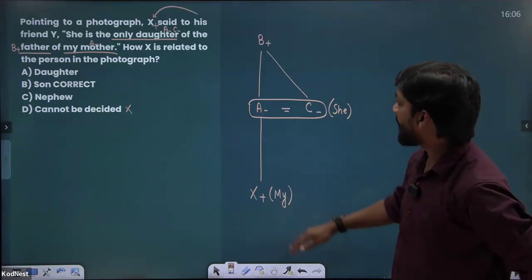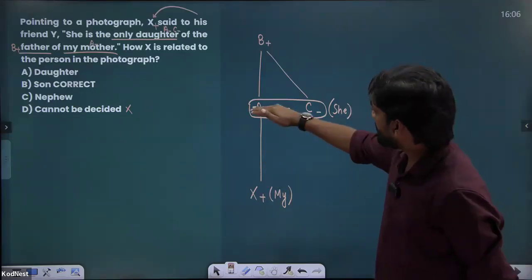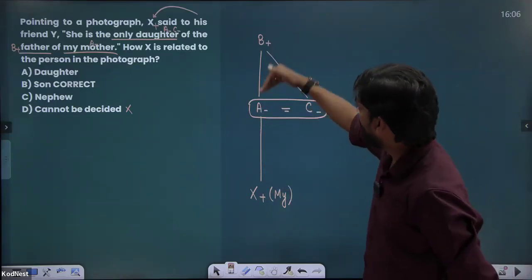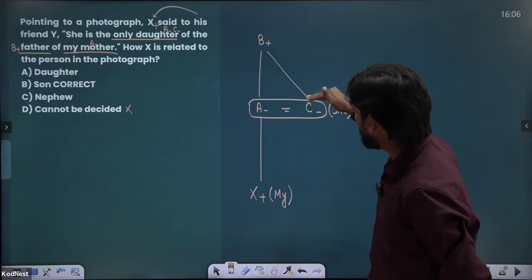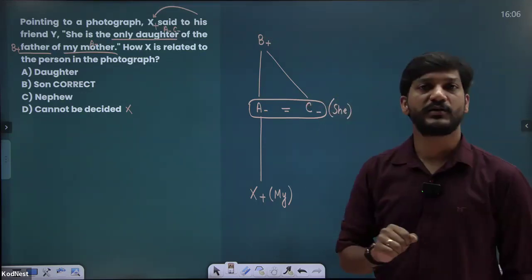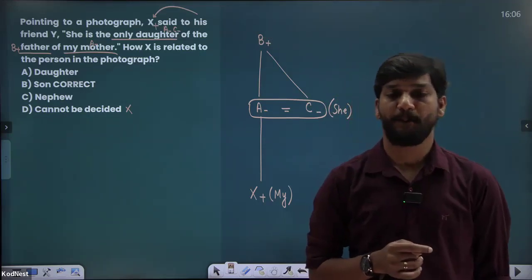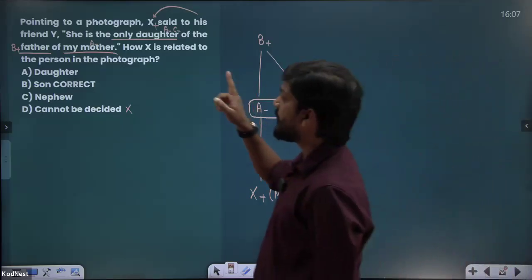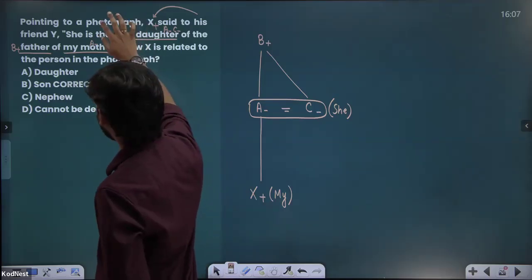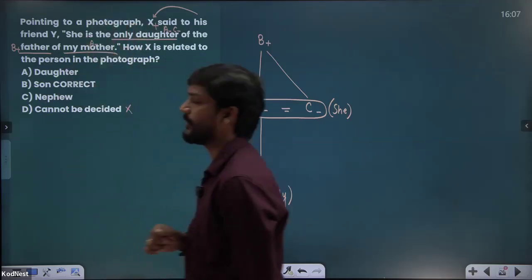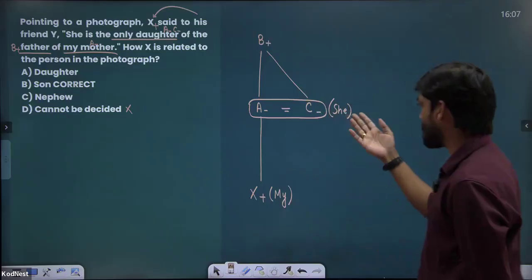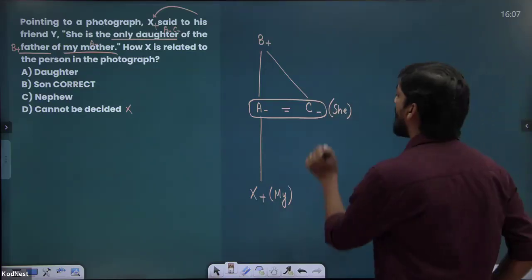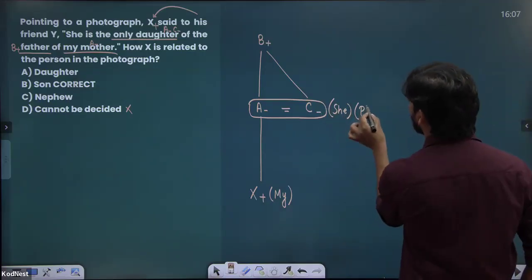Now understand. My mother, father, only daughter is she. Who is she? The word she will be used always, she or he word will be used for the person in the photograph. So the word she is used, that means obviously it is a female person, and this is the person in the photograph.